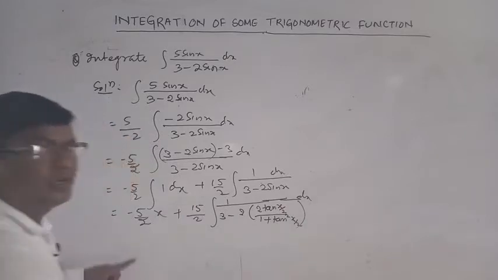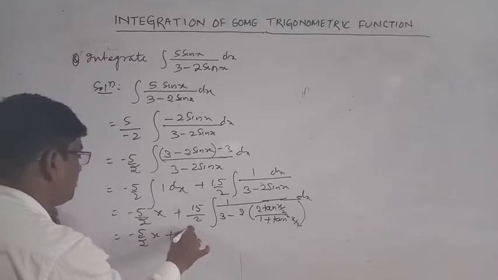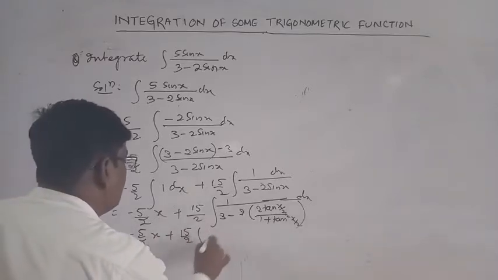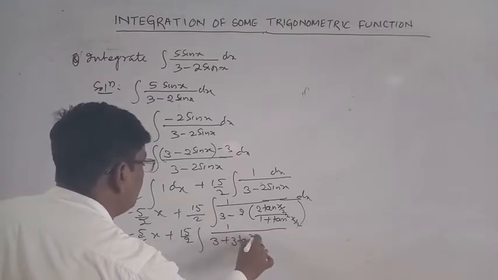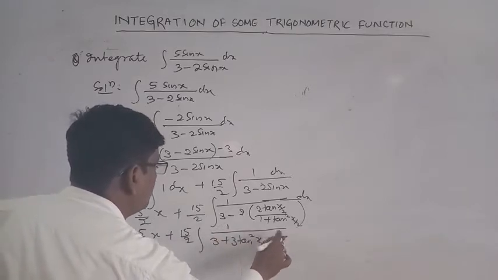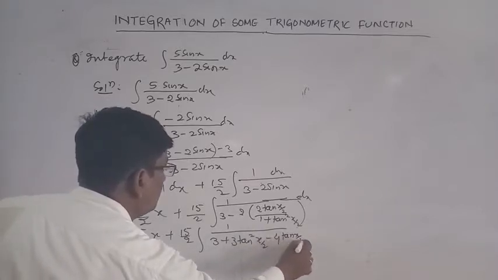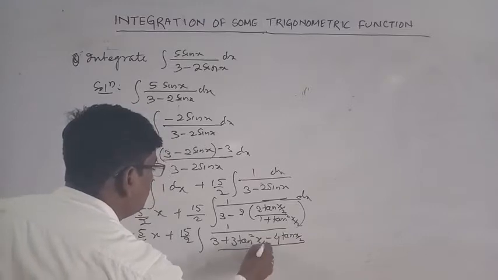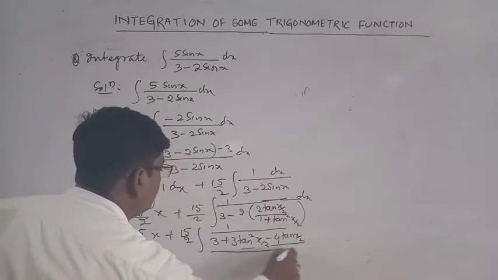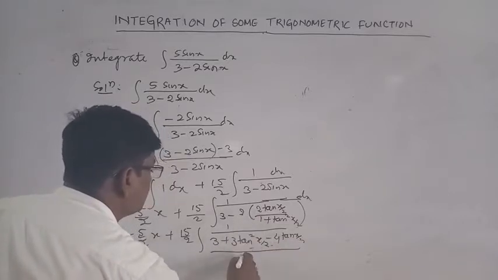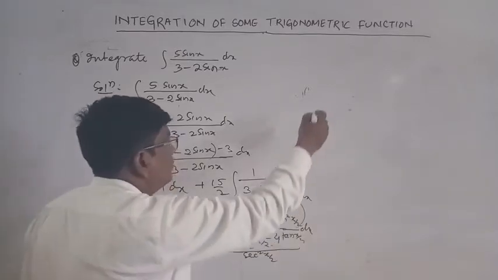Simplify this: it is equal to minus 5 by 2 x plus 15 by 2, and 1 by 3 plus 3 tan square x by 2 minus 4 tan x by 2, divided by 1 plus tan square x by 2, and dx.